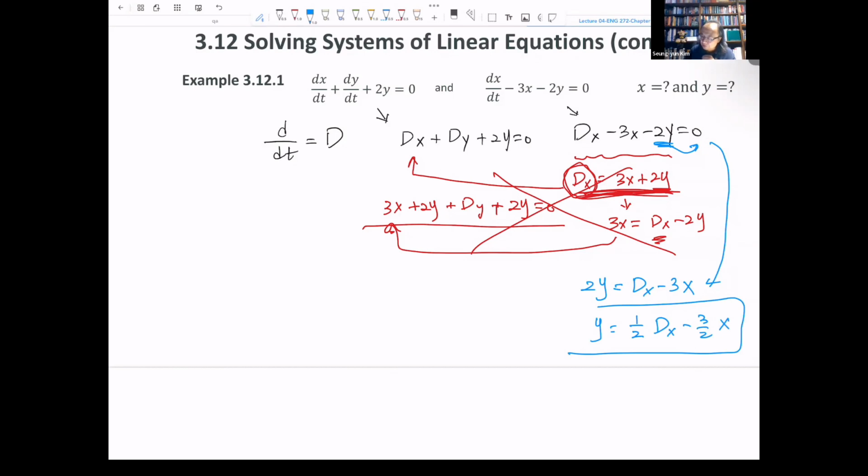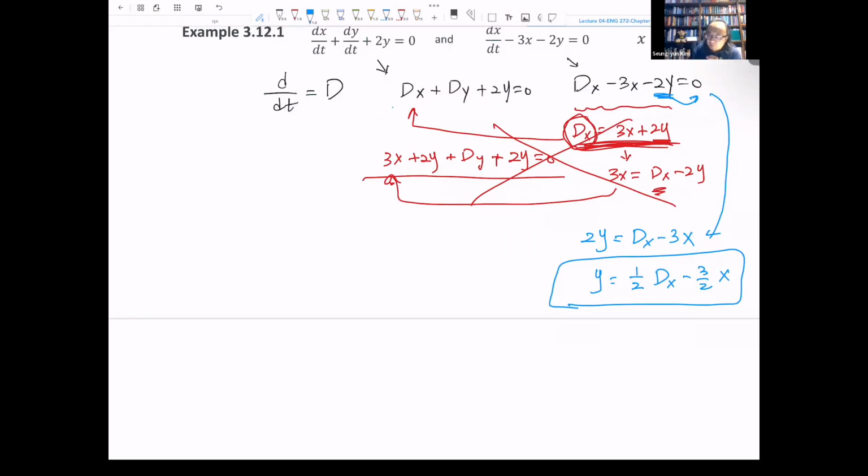So we're going to use this. If you look at the first equation, we have Dy and y. So I'm going to find out what Dy is from here. Then Dy is 1 over 2 D squared x minus 3 over 2 Dx.